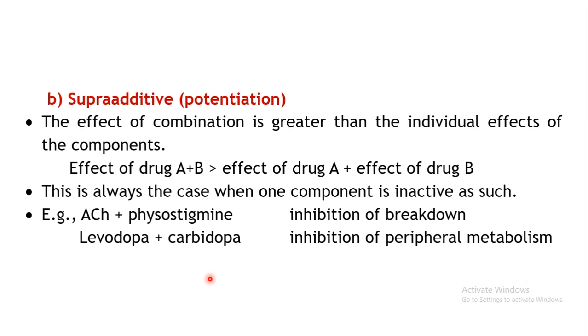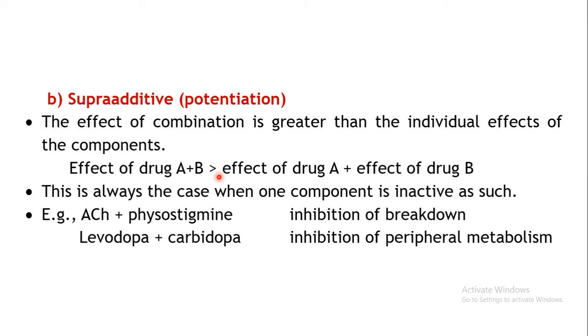Okay. Then the next type of synergism which can take place is the supra-additive, or potentiation. Here the effect of the combination is greater than the individual effects of the components of that pair. Say for example, the effect of the combination of drug A plus B is greater than the sum of the effects of the two drugs, that is, effect of drug A plus effect of drug B. It is not the same.